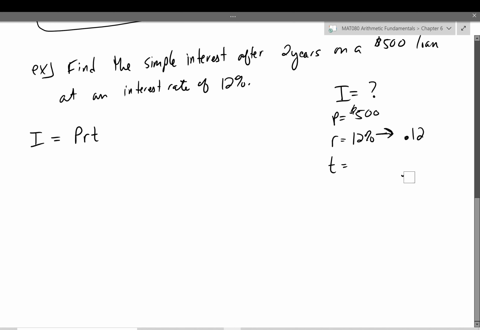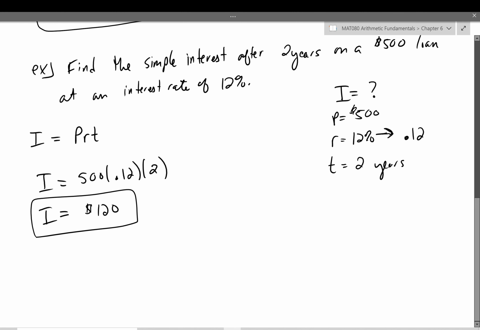And then the time is going to be 2 years. So we substitute each of these values into our formula. 500 times 0.12 times 2 is going to equal $120. Okay? So that's how much the interest is.